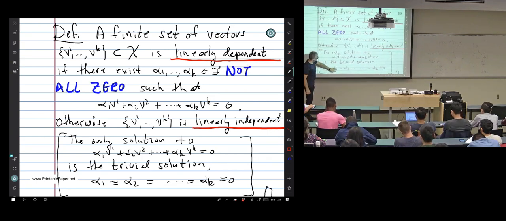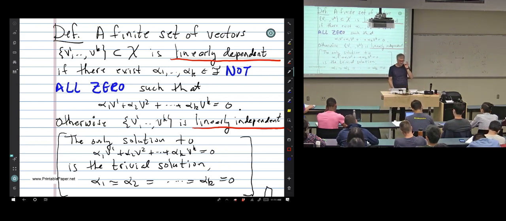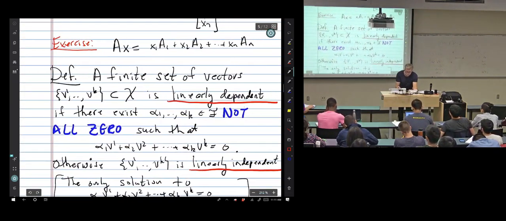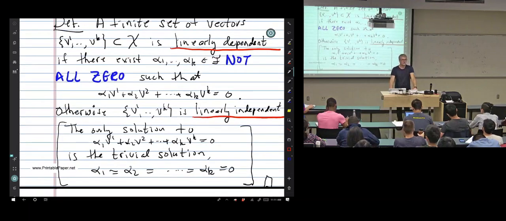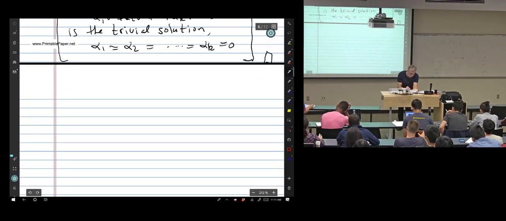So that's independence, only the trivial solution. Dependence, any non-zero solution. That's it. That is absolutely fundamental in defining vector spaces, the notion of linear independence. Questions? We'll do examples, but see where the concept comes from, Ax equals 0. Just extending that. And then we'll do the last definition and we'll do examples around it.